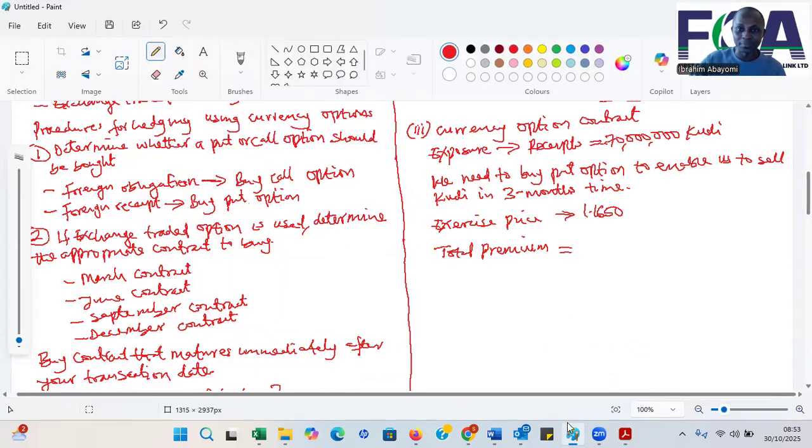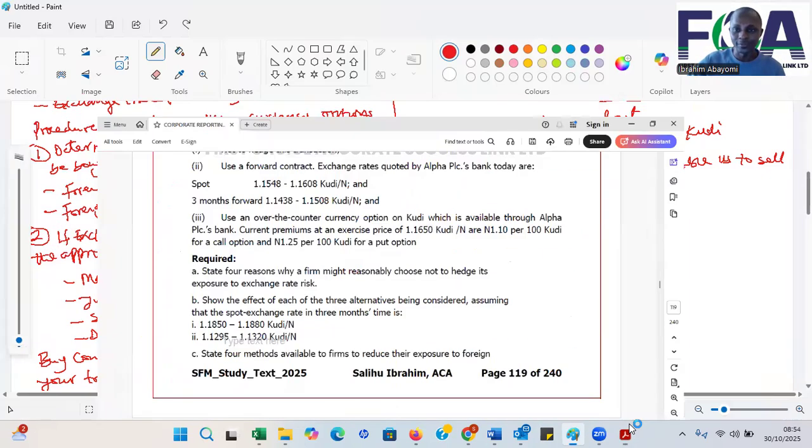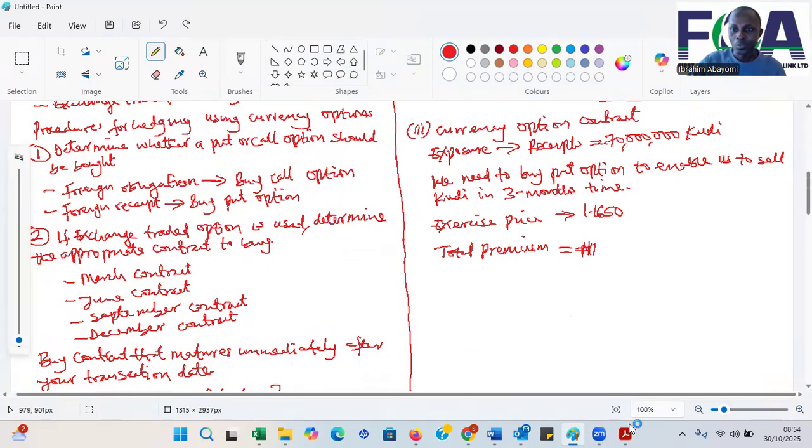So what's going to be the total premium? My total premium is 1.25, right? Let me go and check again. 1.25, yes. 1.25 multiplied by how many kudi do we have? 700 million kudi.